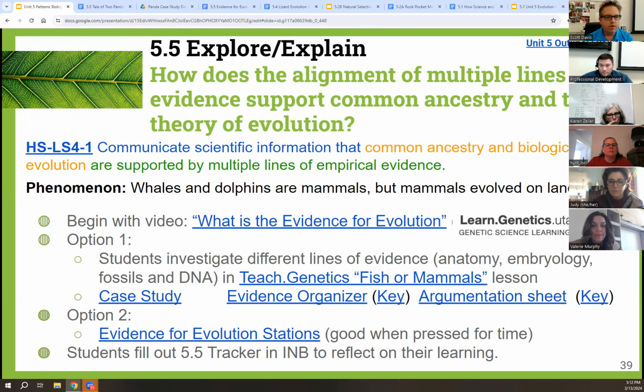So this is the culminating activity. Most of what you see on the Patterns bio website includes activities or task sets that have been around for maybe a decade or more.